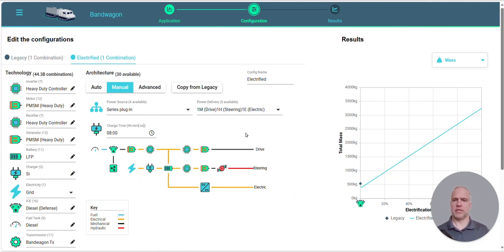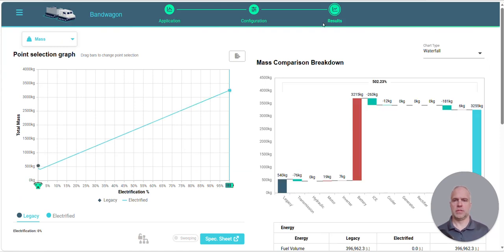So once we have the electrified architecture and configuration, we can start to explore what a battery version would look like. Here we have the KPI mass.